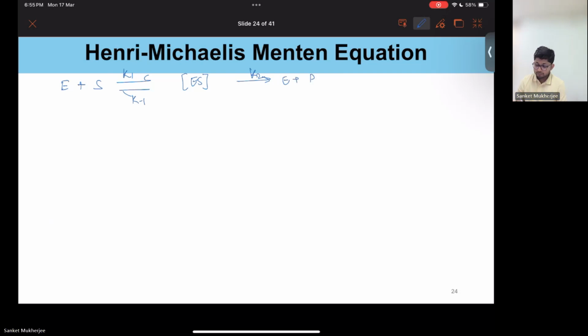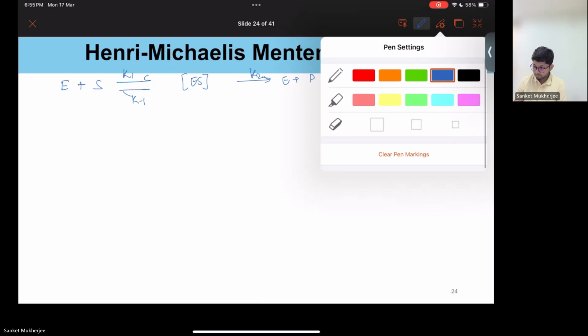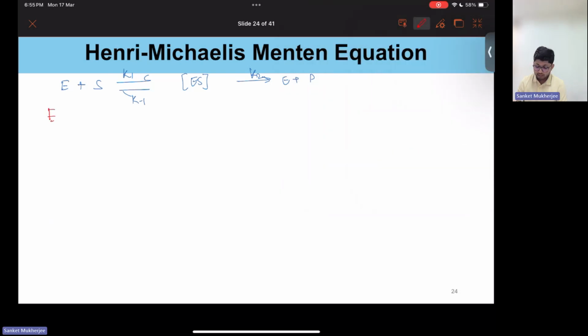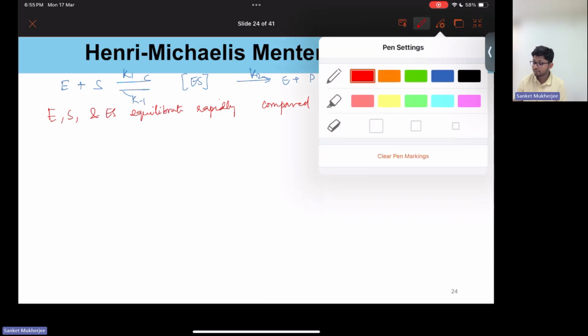So E and ES equilibrate rapidly compared to formation of enzyme and product.